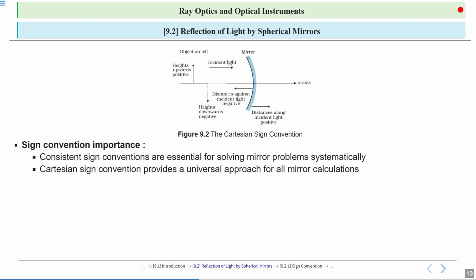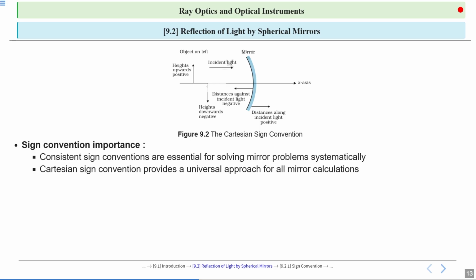So we have to follow some sign conventions that are applicable for all mirror calculations. You can see in the diagram, figure 9.2, there is incident light. The direction of incident light is given, from left to right, falling on the mirror. So distances against this incident light will be taken as negative, and distances measured along this incident light are taken as positive.